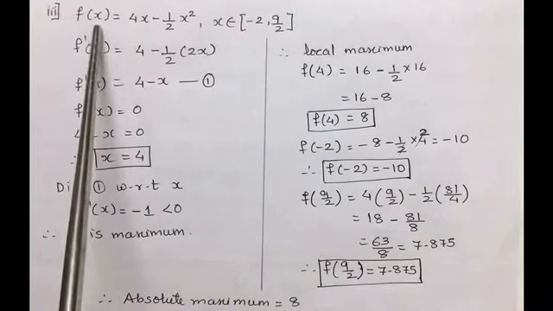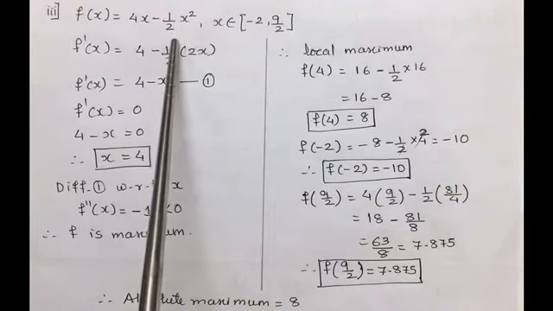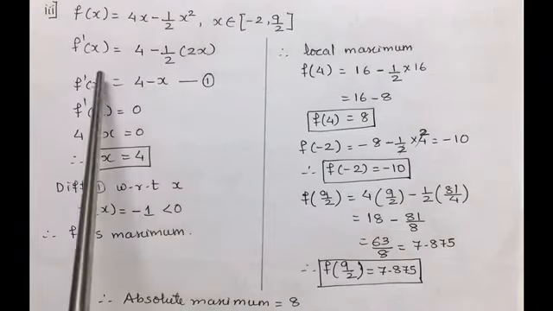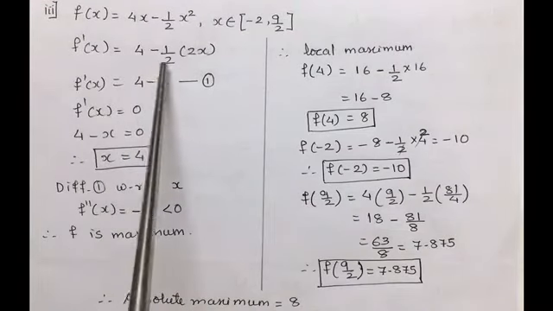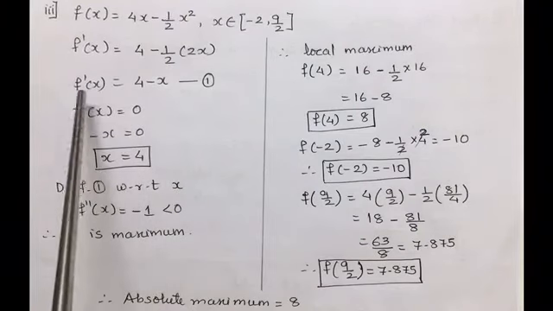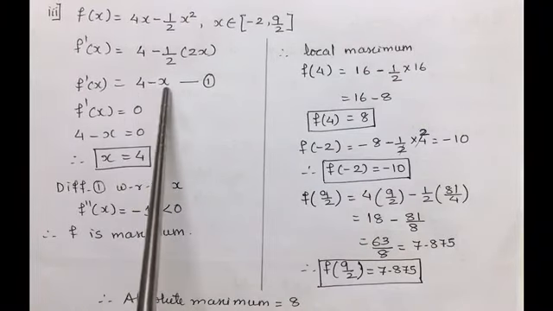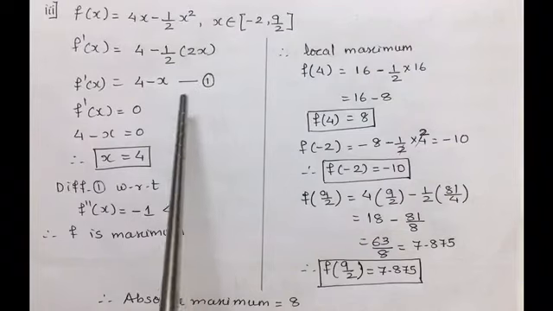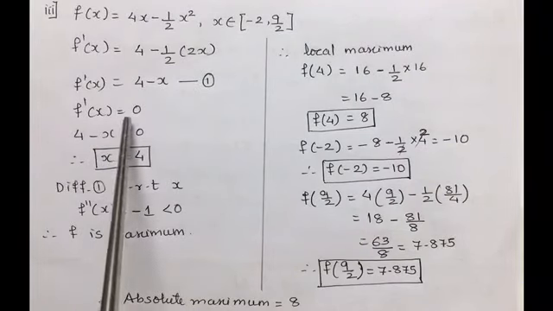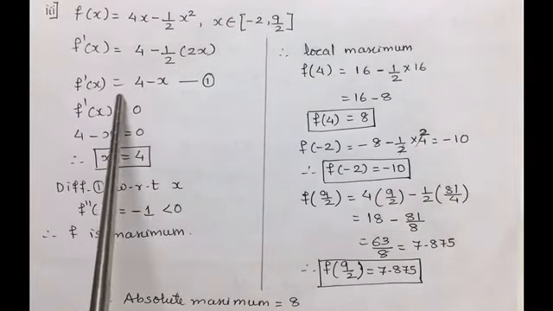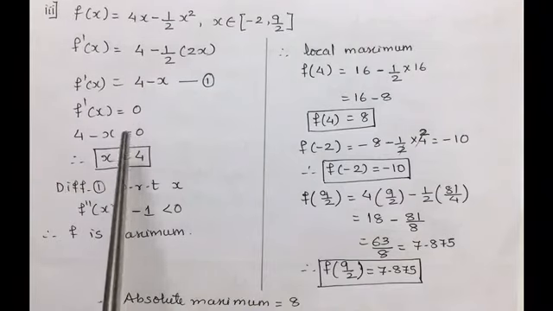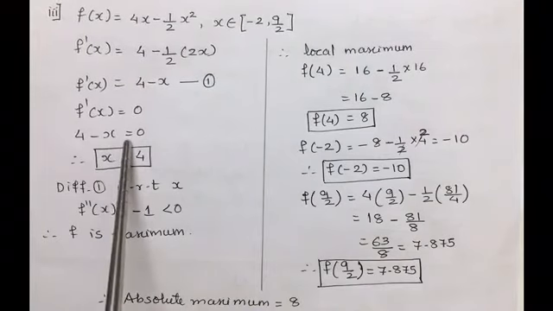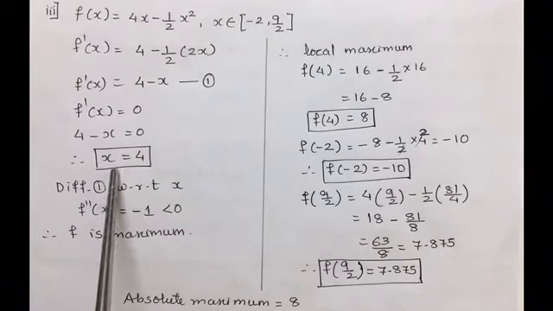Now f(x) given is 4x minus half x square. Taking out the first derivative, we get f dash x is equal to 4 minus x, which we mark as 1. To calculate the value of x, the first derivative is equated to 0. So 4 minus x is equal to 0 gives x equal to 4.